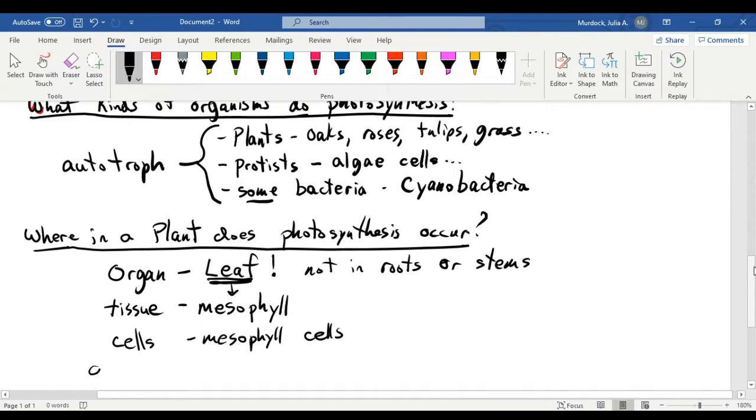Within the cell, you have organelles. And you guys know which organelle does the photosynthesis. You already said it. Chloroplast. Very good.